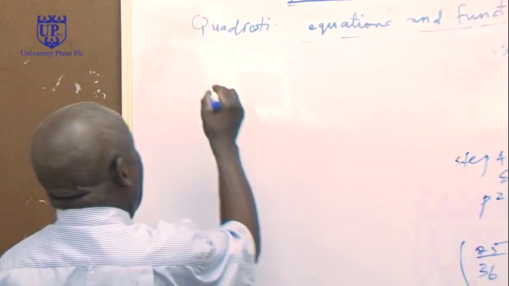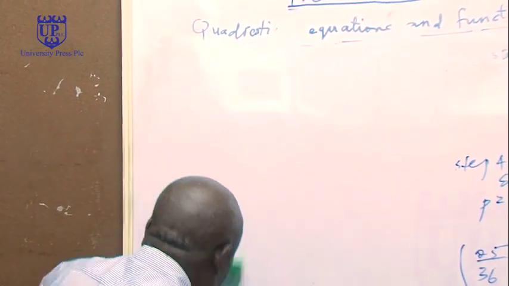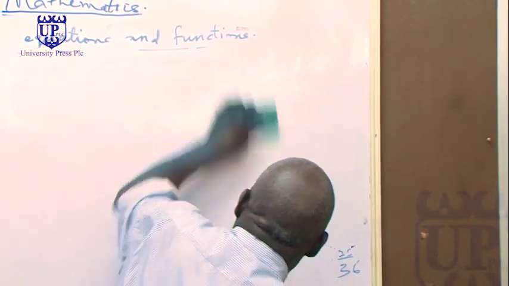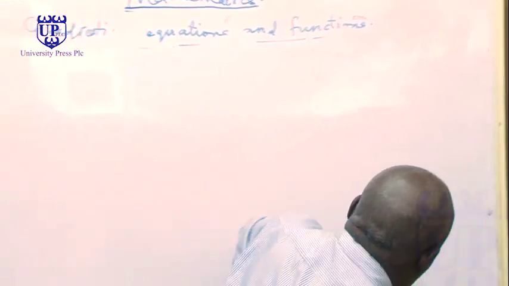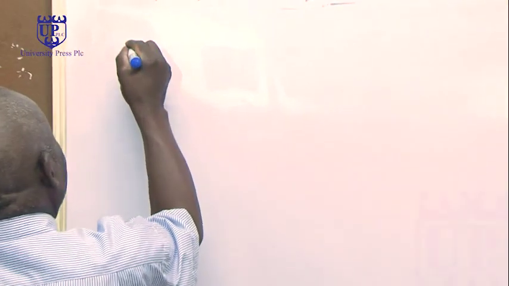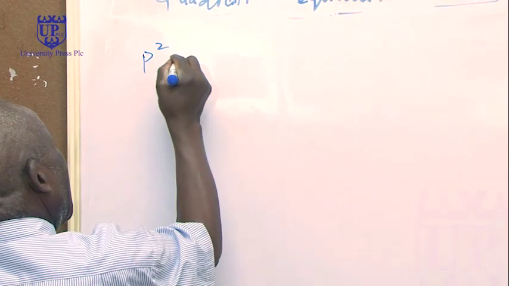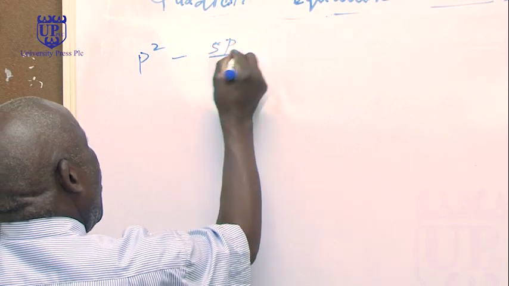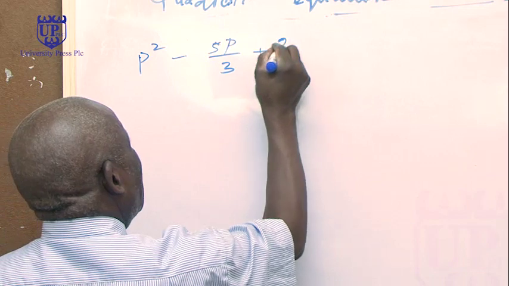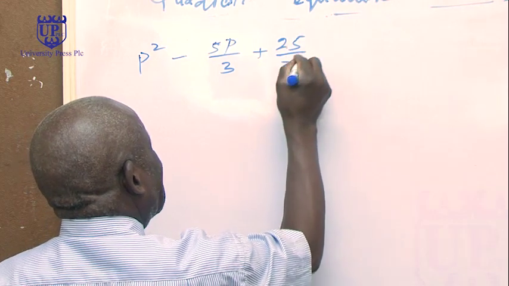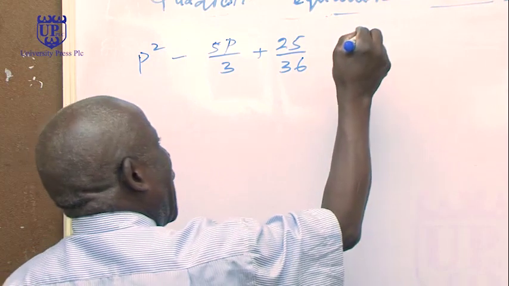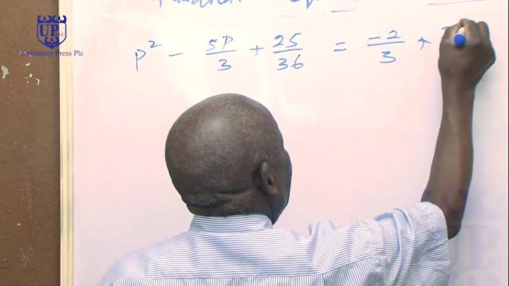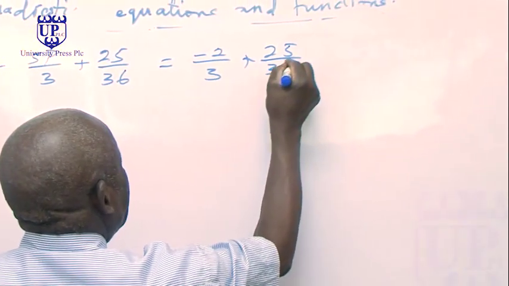Then it becomes p squared minus 5p all over 3 plus 25 over 36, which is the same thing as minus 2/3 plus 25 all over 36.